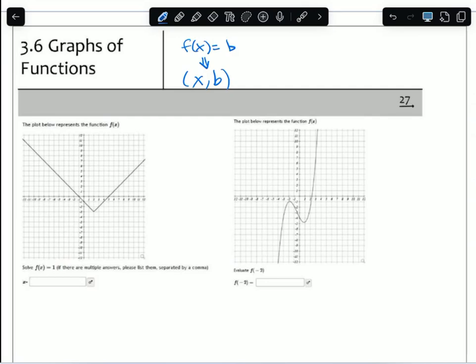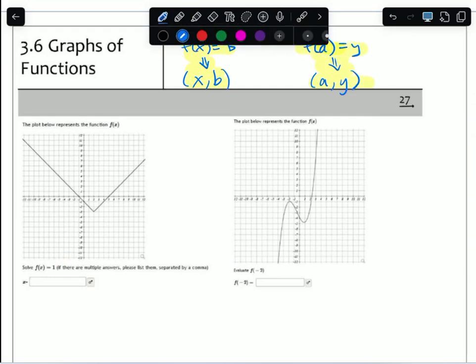Now, if instead of that you have an input of some number a, and you know what your corresponding output is, once again, it's the same rules. The input a gives you an output of y. And so you can kind of use these rules here to work back and forth between function notation and the points on a graph as an ordered pair. And what that allows us to do is it allows us to look at something like this.